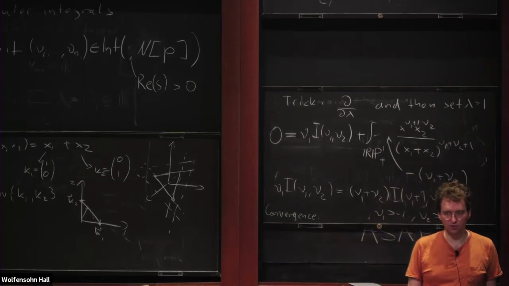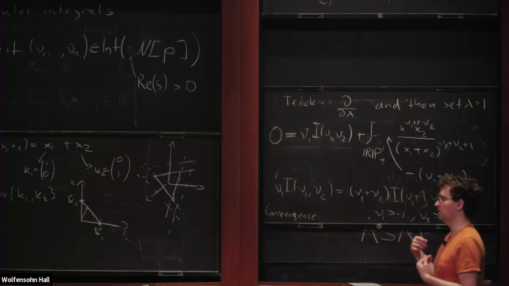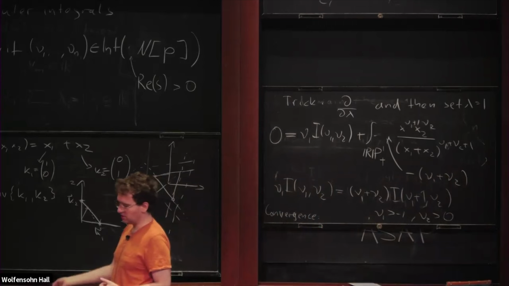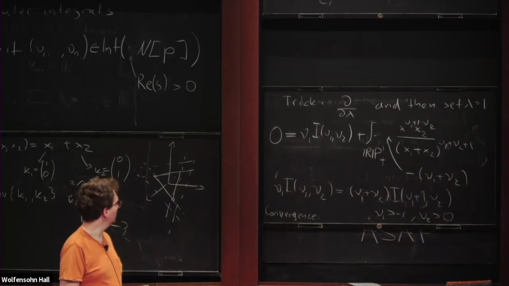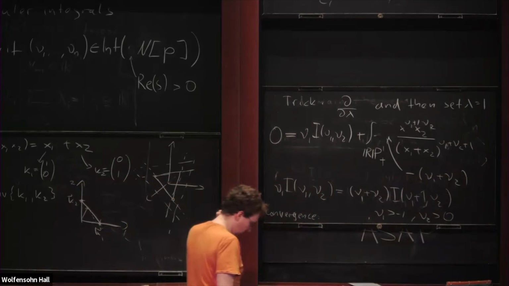And for physics, this is very useful because these nus encode the space-time dimension, and we would like to expand in epsilon, for instance, in some kind of shift of the space-time dimension. And we are allowed to do this kind of expansion via these tricks.